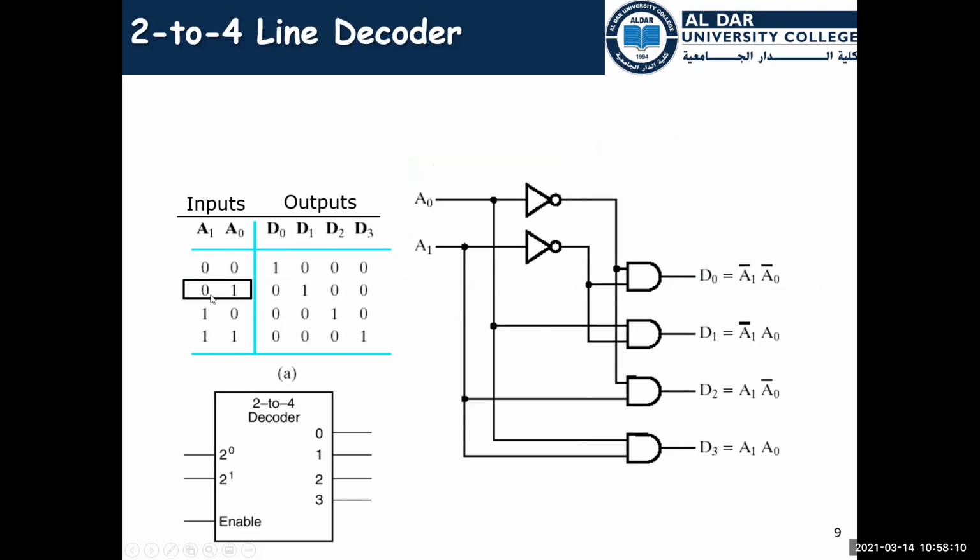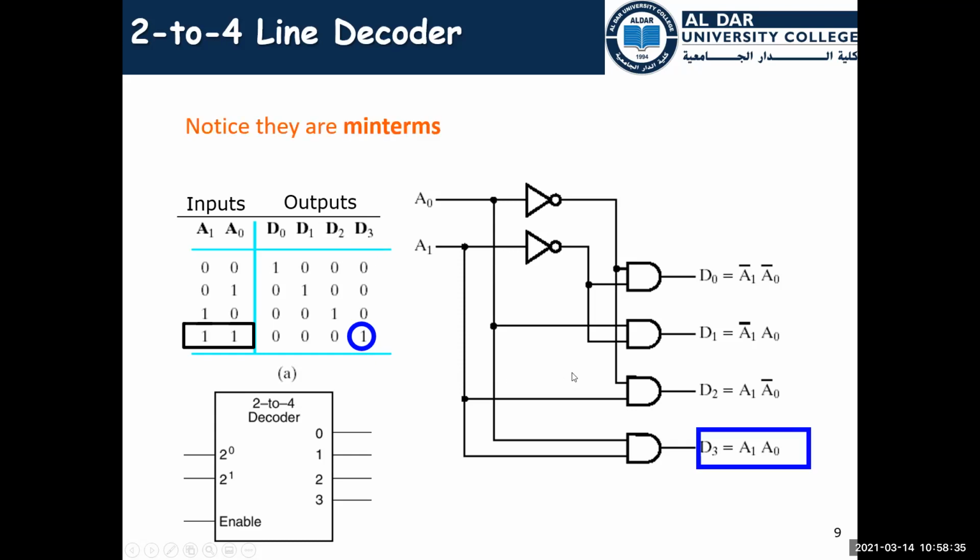And when A1 A0 is 01, D1 will be active, which is this one. And A1 A0 is 10, this is D2 that will be active, and the others will not be active. And the final one is A1 A0 equal to 11. So accordingly, D3 will be active, the others will not be active, and that's it.